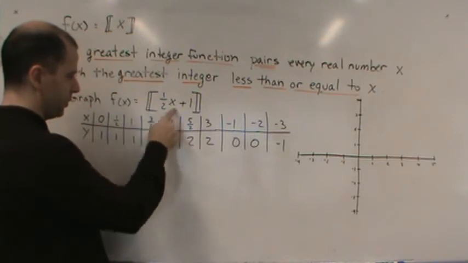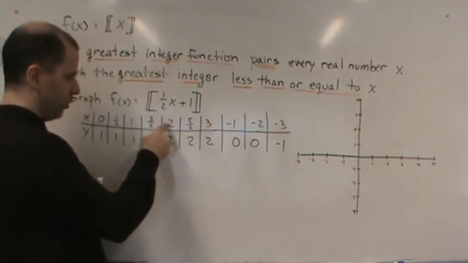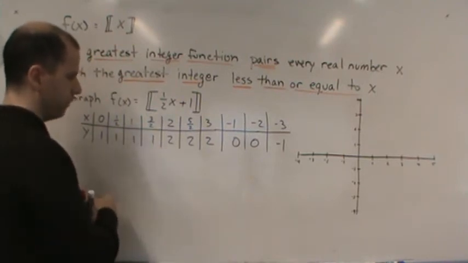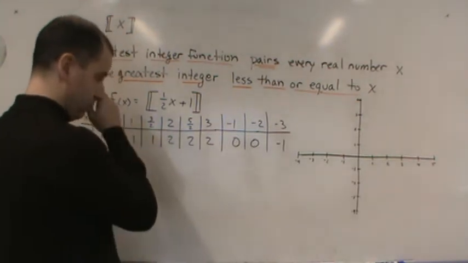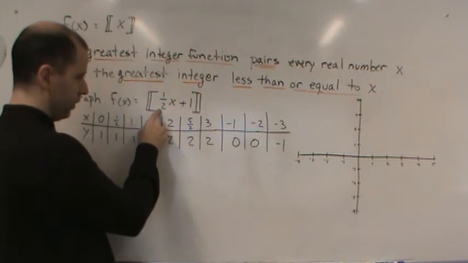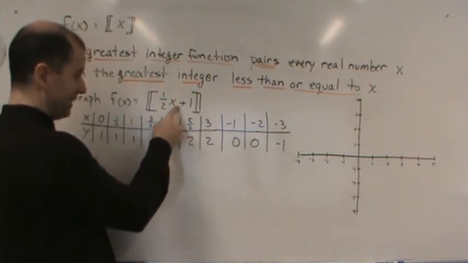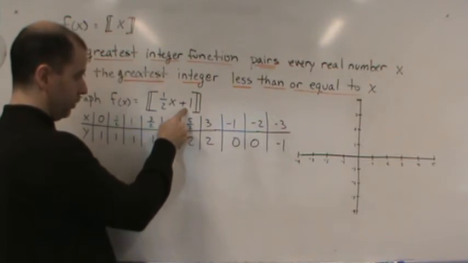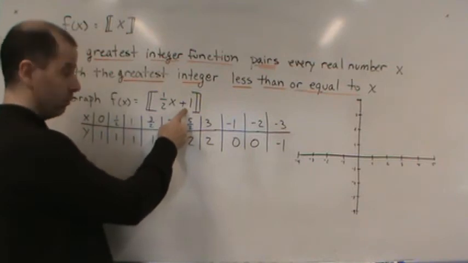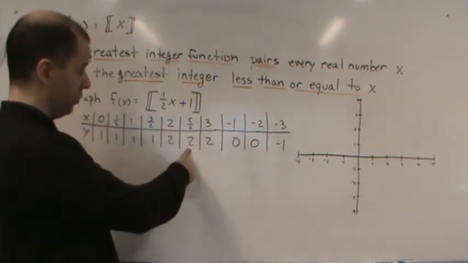Well, the greatest integer function maps 2 to 2 because 2 is an integer, and the greatest integer less than or equal to 2 is 2. Now let's do 5 halves. 5 halves times a half is 5/4 plus 1, or 4/4, is 9/4, which gives us 2 1/4, right? Well, 2 1/4 gets mapped down to 2.